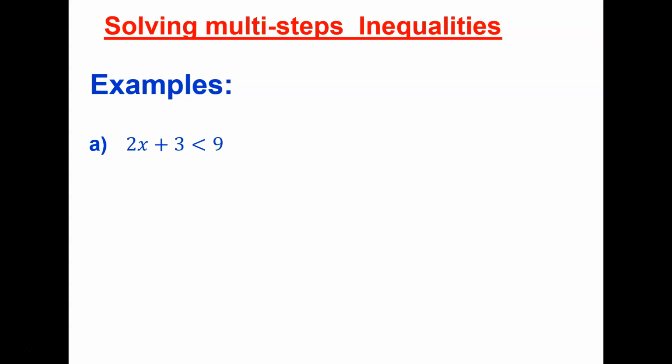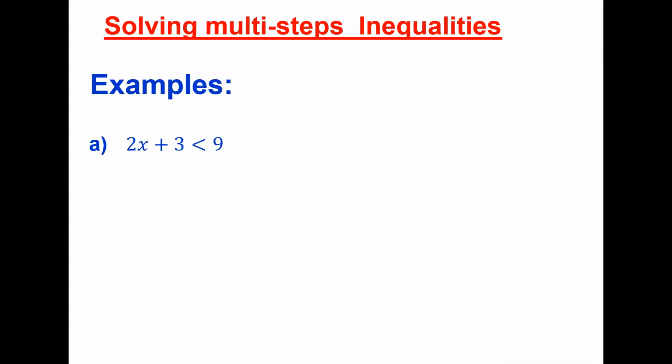The first example says 2x plus 3 is less than 9. I've got a number which is x. I times it by 2 and then I add 3. My answer is less than 9. Since the last thing I did was add 3, I'm going to use the inverse of addition, which is take away.